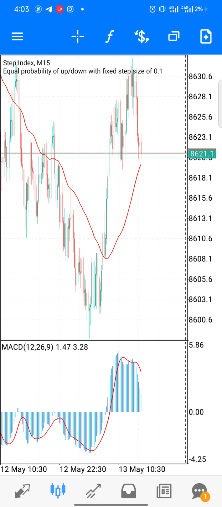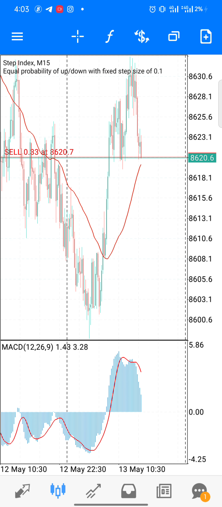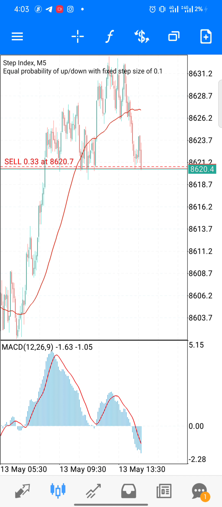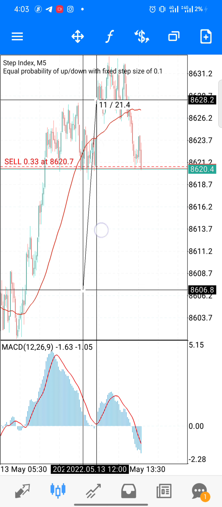But nevertheless, I can simply open a single position on step index to sell, because I can see a very heavy sell right here, whereby my stop loss will be above this moving average. It is as simple as that.